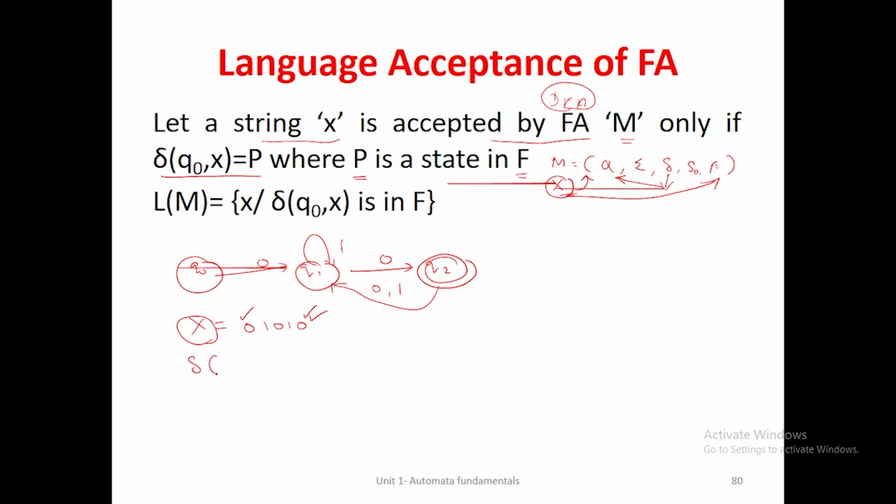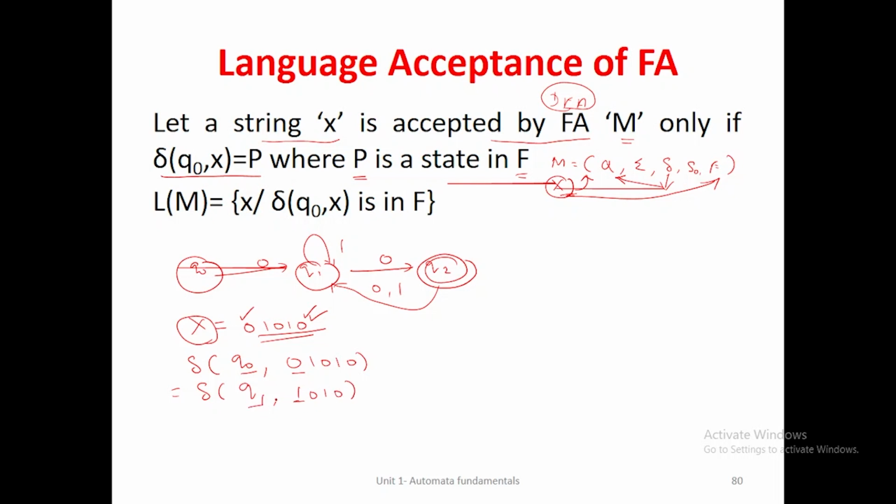Now I take the starting state of this DFA, that is q0. I want to check the input string X, which contains 0 1 0 1 0.